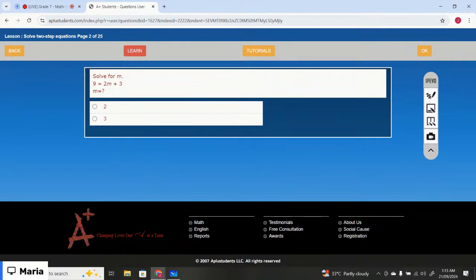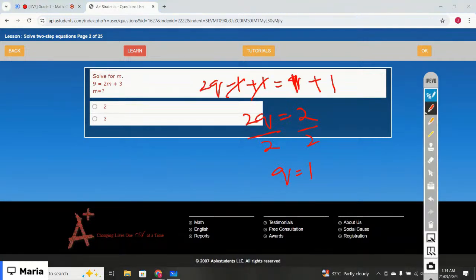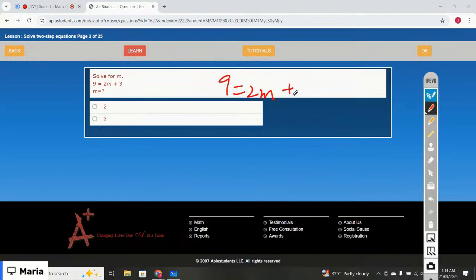Okay, the next one is solve for M. 9 equals 2M plus 3. So subtract 3 from both sides. 2M equals 6, right?